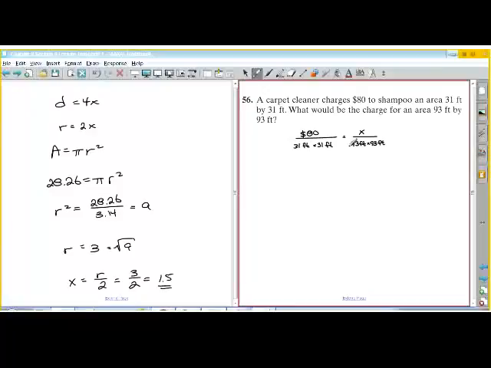The rule is that when you have a pure ratio like this, if you have something in the denominator on one side, you can move it to the numerator on the other side, as long as you're multiplying. What I'm trying to do is solve for x. I want x by itself. It's not by itself because of the denominator, so I'm just going to move this from the denominator on the right-hand side to the numerator on the left-hand side.